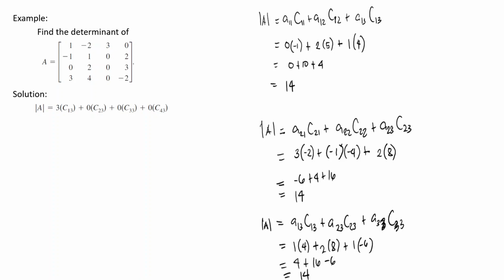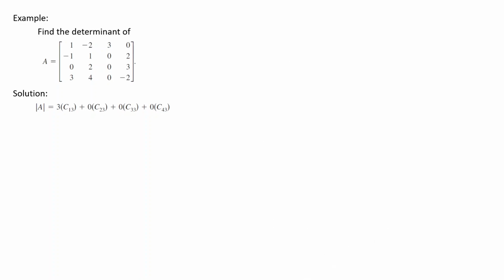We have the cofactor C sub 1, 3 equals negative 1 raised to the first row plus 3, which means the third column, multiplied by the minor M sub 1, 3.